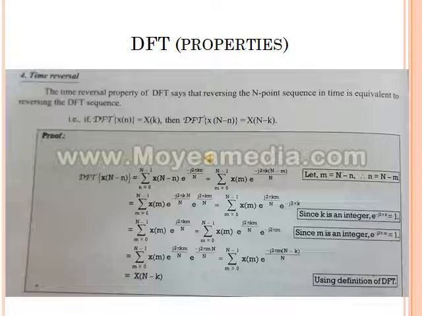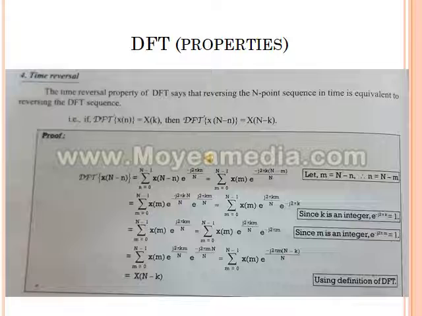This is the time reversal of the signal x of n, meaning the samples lying on the right hand side of the axis come toward the left hand side, and the samples lying on the left hand side of the origin come towards the right hand side. So this is nothing but the time reversal of signal x of n.